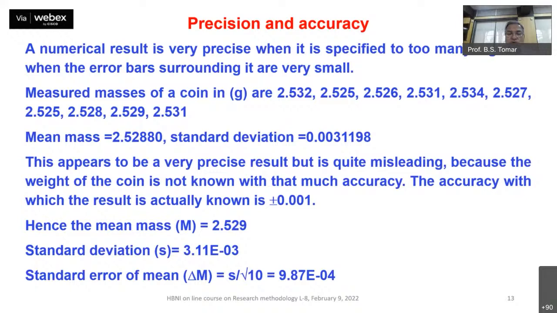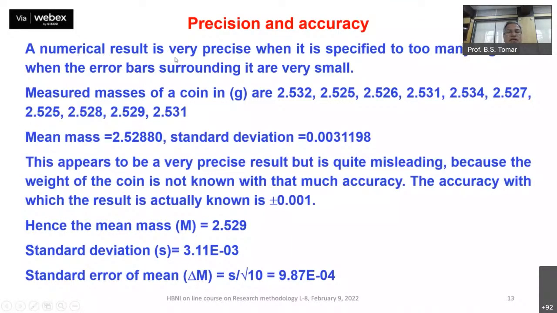Just to give you some examples on how to handle the data. When you finally report a number, it should reflect the accuracy and precision. Many times we do make mistakes in our theses. I have seen students mentioning so many significant digits in the handled data.